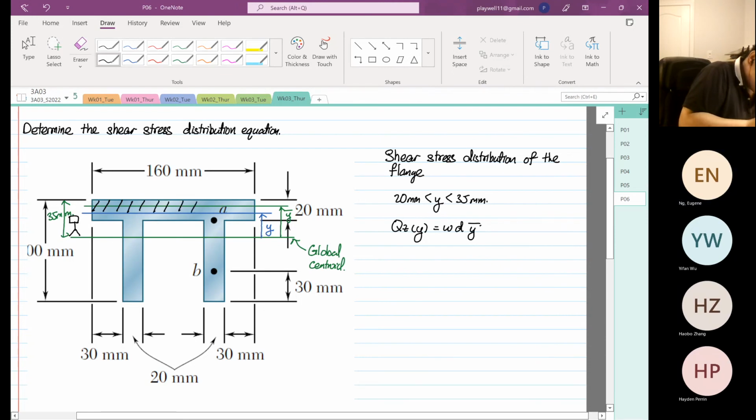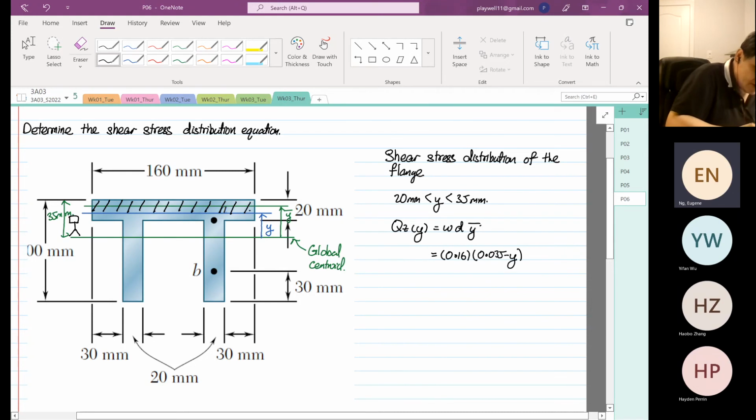To write this out, the width is a constant, so the width is 0.16. The depth is equal to 0.035 minus y, multiplied by 0.035 plus y, multiplied by half.